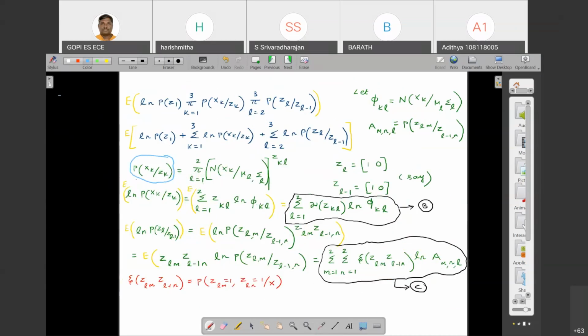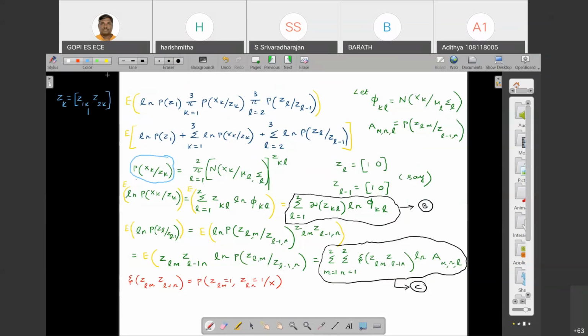Suppose my zk is 1, 0. I'll put it as z1k and z2k, where the second subscript indicates the state.